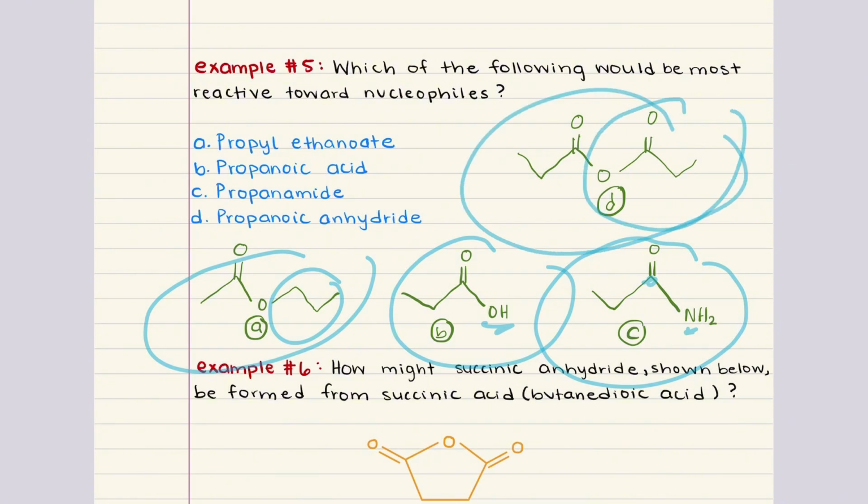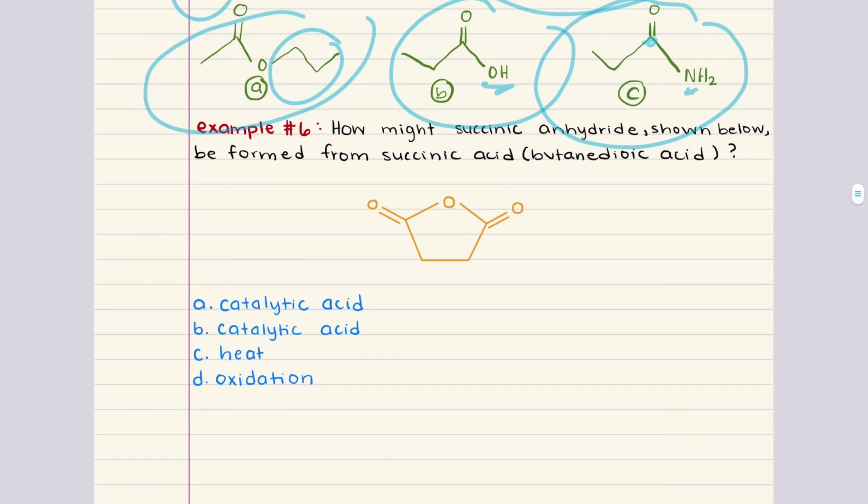The leaving group is a carboxylate, which is resonance stabilized and relatively stable on its own, and this makes the carbonyl highly susceptible to nucleophilic attack. So based on electronic effects and leaving group ability, the most reactive compound towards nucleophiles is the anhydride. So 5 is D.